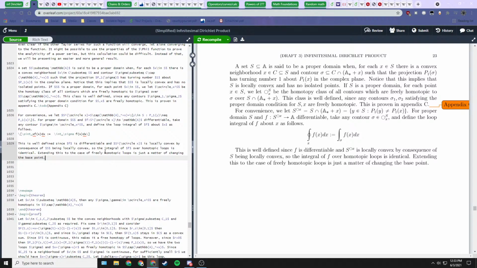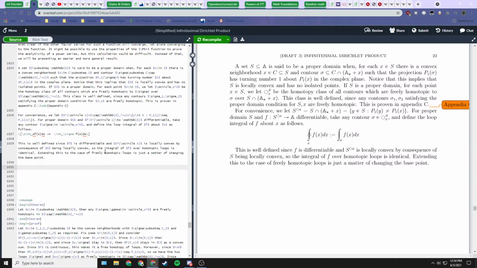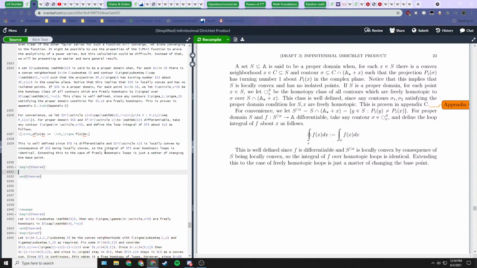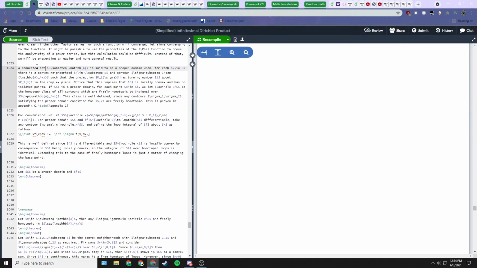So let's see. Our first theorem is: let S be a proper domain and f map S to A. Actually, we should probably say S is also connected. It's probably going to be useful.